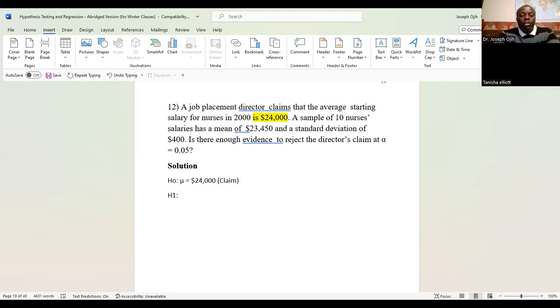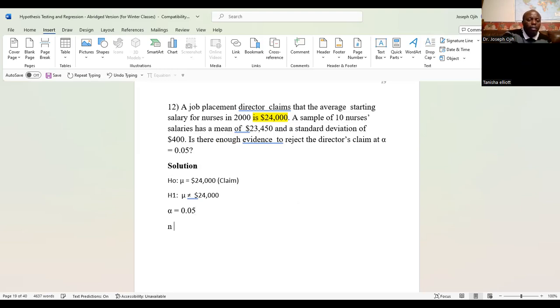H1 says the opposite, which is that mean is not equal to 24,000. Now alpha is what we have here. So now let's find the critical value.